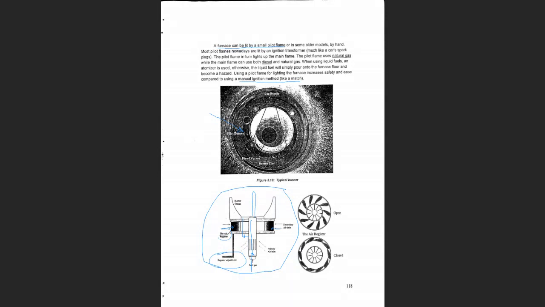It's a manual control system that is used to manually adjust air flow rate based on how much air is required.